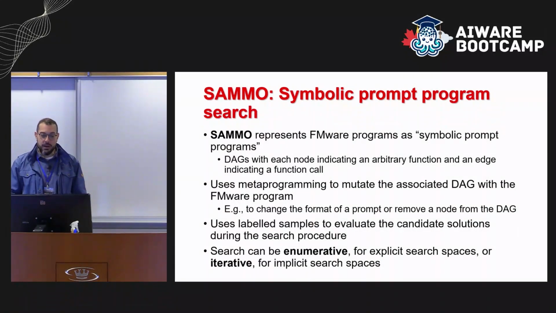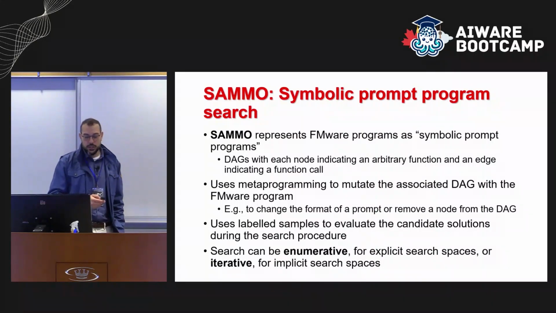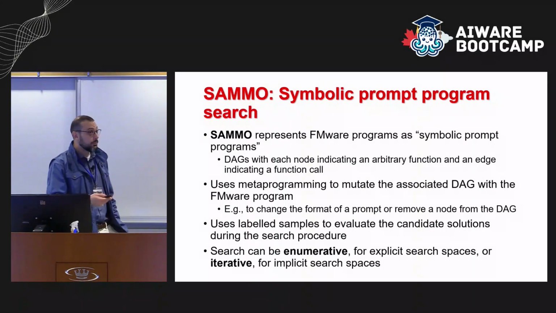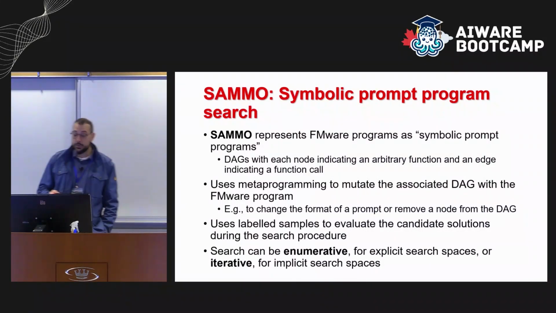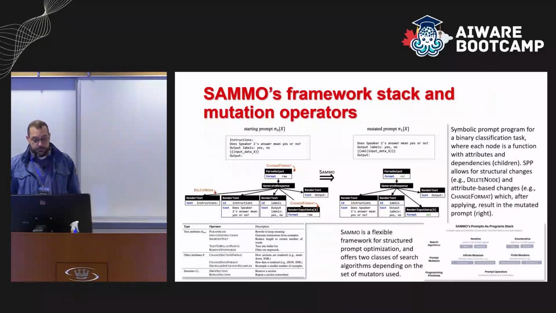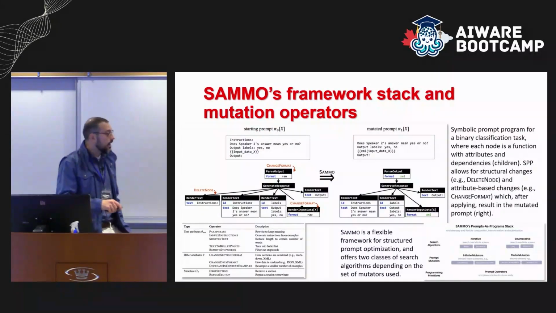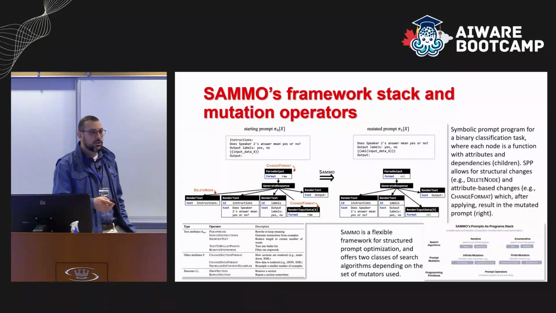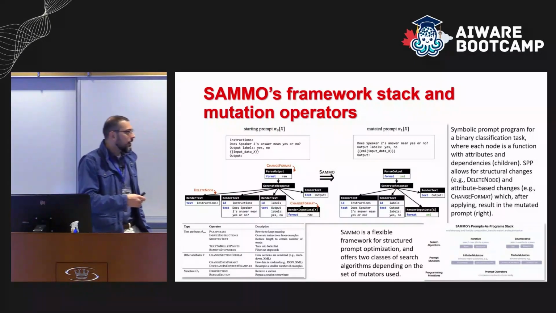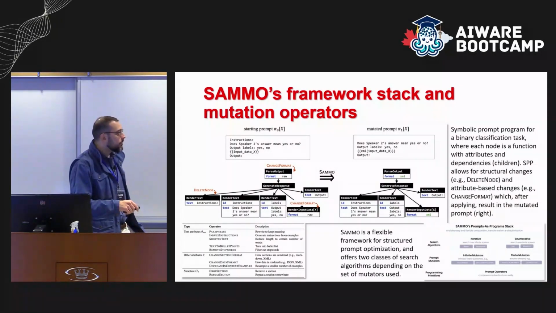There is SAMMO by Microsoft, which is a symbolic prompt program search. It's very similar. It also proposes a program representation, and then it applies a lot of mutations, not only in the prompts, but on the program by itself. It's written in Python, and you use metaprogramming to modify.